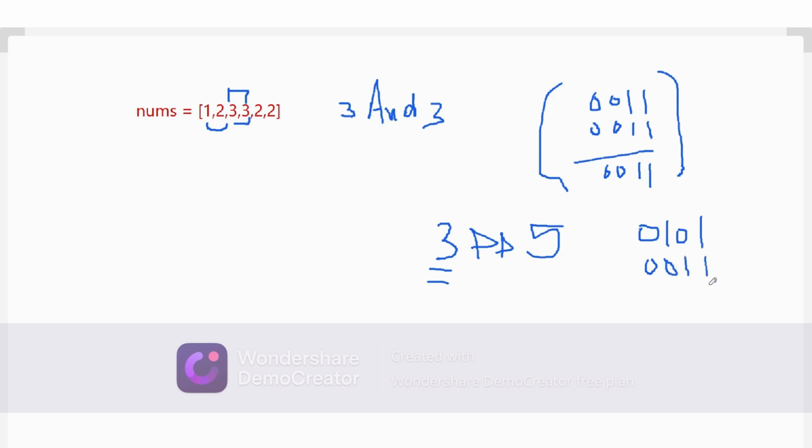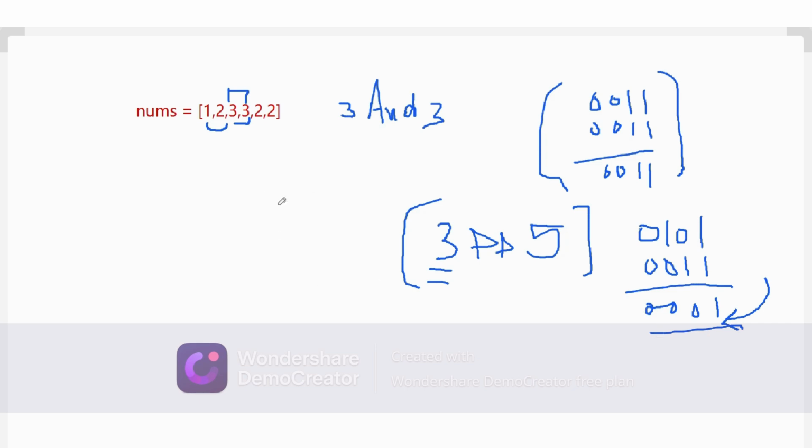If we do the AND of this, this will give us 1, this will give us 0, this will give us 0, and this will give us 0. So it always produces a smaller number only. We did the ampersand of 3 and 5, we got 1. So now we can clearly say that doing the bitwise AND always gives us the smaller number.